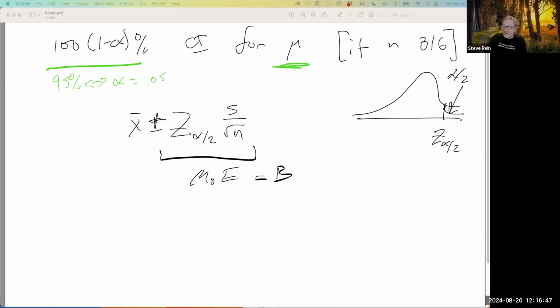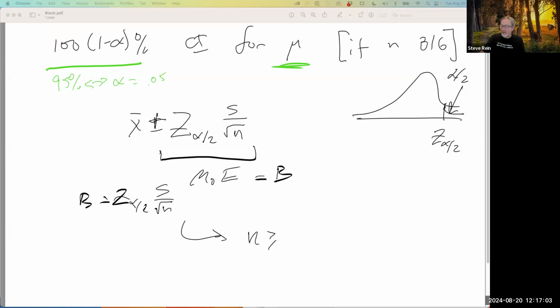If B is just Z alpha over 2 times S over root of N, and I want to know what is the sample size N that I'm going to need, the algebra tells me the N that I want should be at least the value.